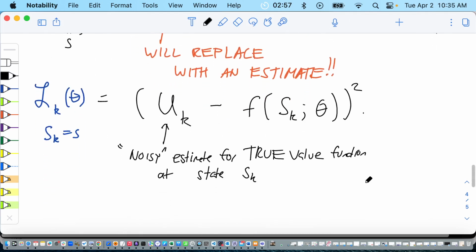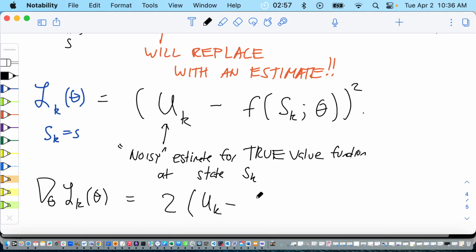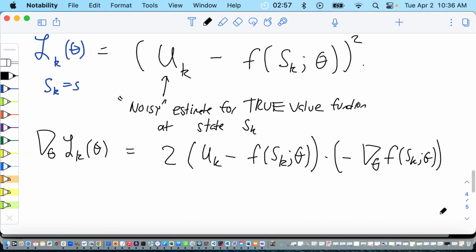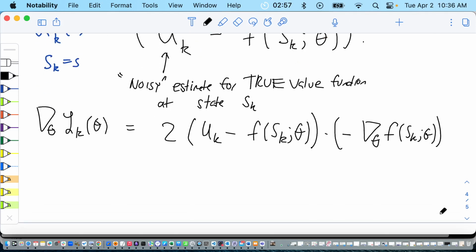And if that is the kth loss function, using this U_k to stand in for the value function and using s_k to be the point we evaluated at, then what is the gradient? The gradient with respect to theta of the loss is 2 times U_k minus f of s_k, theta, and then there is a minus the gradient of f at s_k, theta. Okay? And when we do gradient descent, because we're going down the hill, this minus sign will go away.